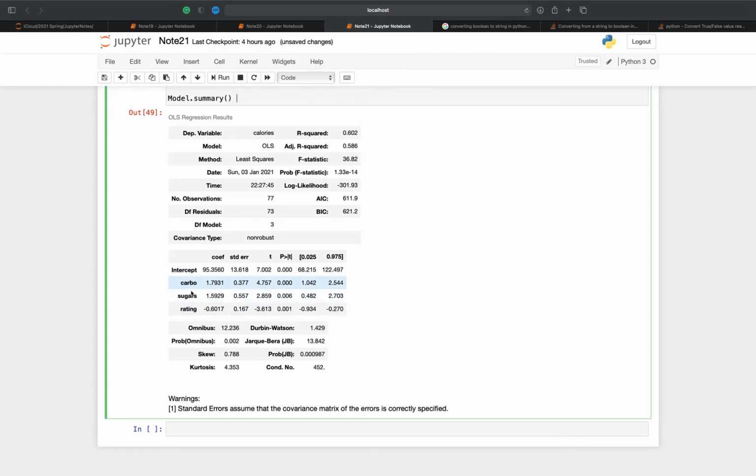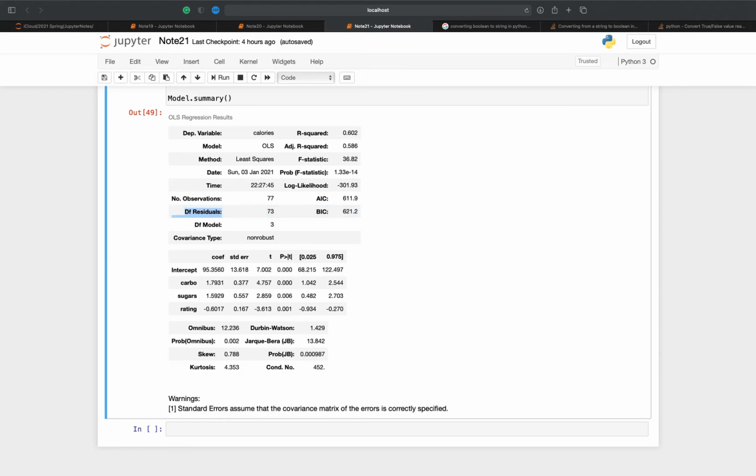Okay, so let's go through this result and see what's going on. So we have carb, we have sugar, we have rating. The dependent variable shows calorie, right? The model we are using is OLS. The method we are using is least squares. And the date, actually, 3 days after New Year 2021. And then time, and then the number of observations, we have 77 observations, and then the residual.